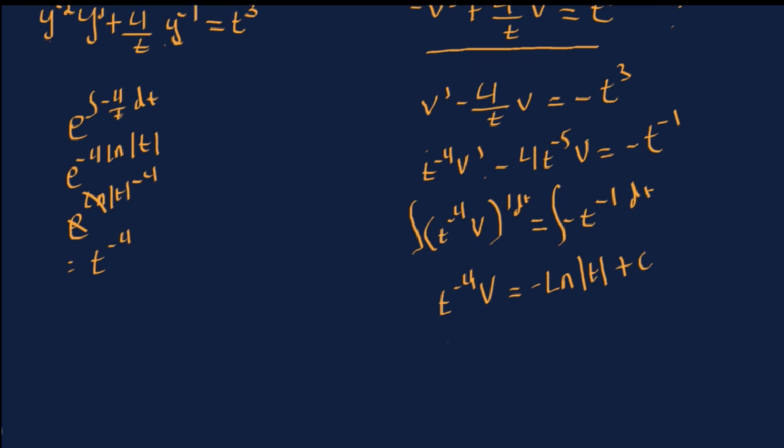And to solve for the function v, we will multiply both sides by t to the 4th. That will give us v of t is equal to t to the 4th times c minus the natural log of the absolute value of t.